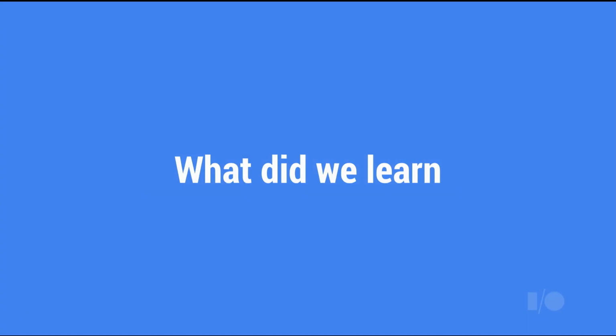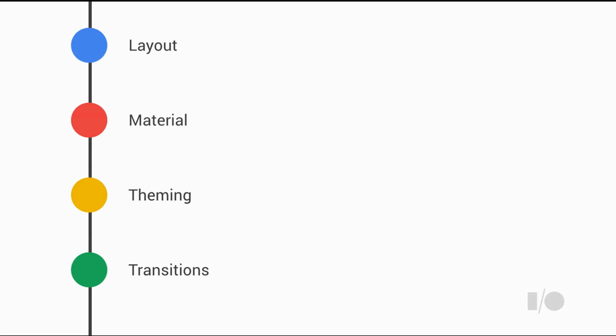All right, so what did we learn today? Hopefully a lot. Hopefully you guys are leaving here really excited, because we covered a lot of ground. These are the major categories that we started off with. And to summarize, if you want to scaffold your app together, you want some good bedrock to build upon, you can use these core elements that are out there today. We've also shipped the paper elements, which are part of the material design system.